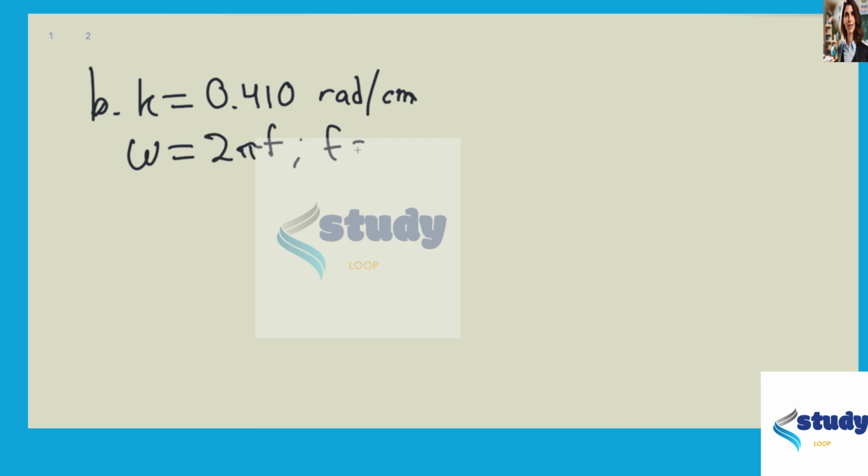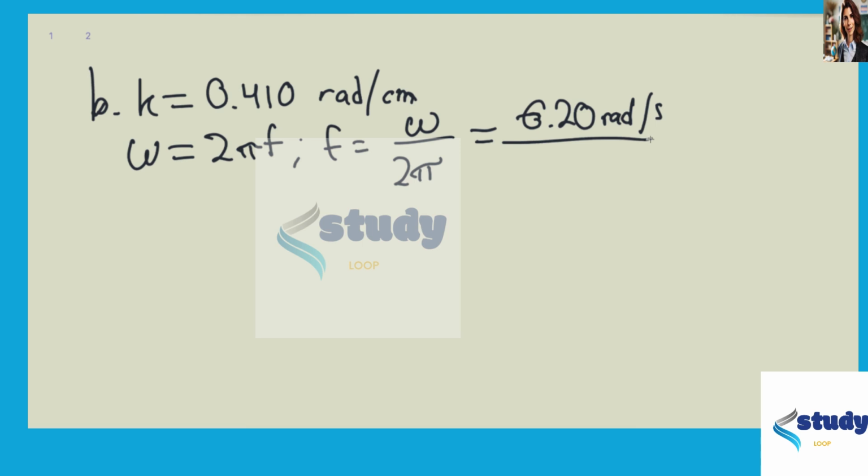So we can just say that the frequency is equal to the omega divided by 2 pi. This is going to be 6.2 radians per second over 2 pi radians. And we have that the frequency is going to be equal to 0.987 hertz.